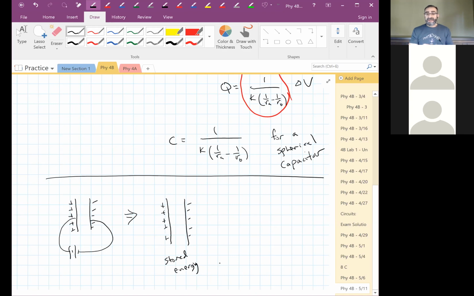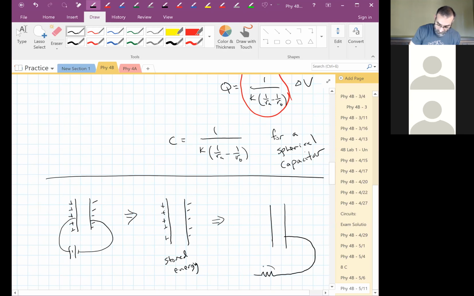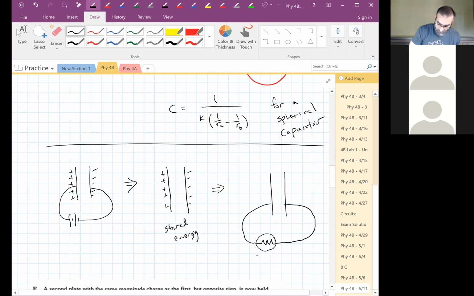And then maybe we'll hook that up later. We'll hook it up to a light bulb or something. So we'll hook this up to some other circuit, and we'll get current to flow, right?